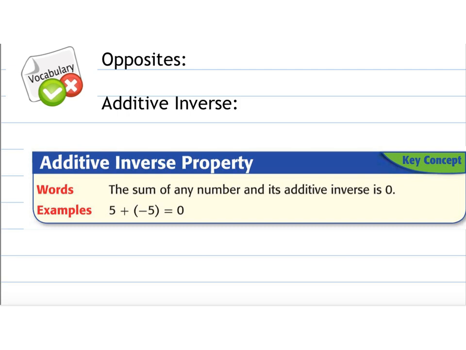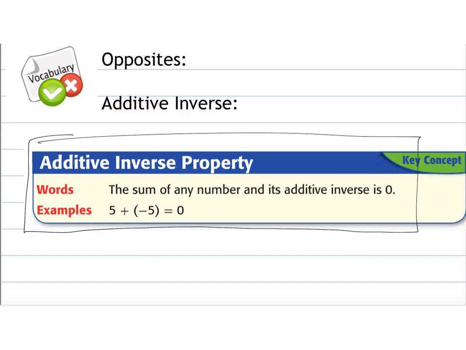Additive inverse. So please write additive inverse property down. The sum of any number and its additive inverse is 0. Basically the additive inverse is the opposite, is what I usually like to call it. So 5 plus -5 is 0.